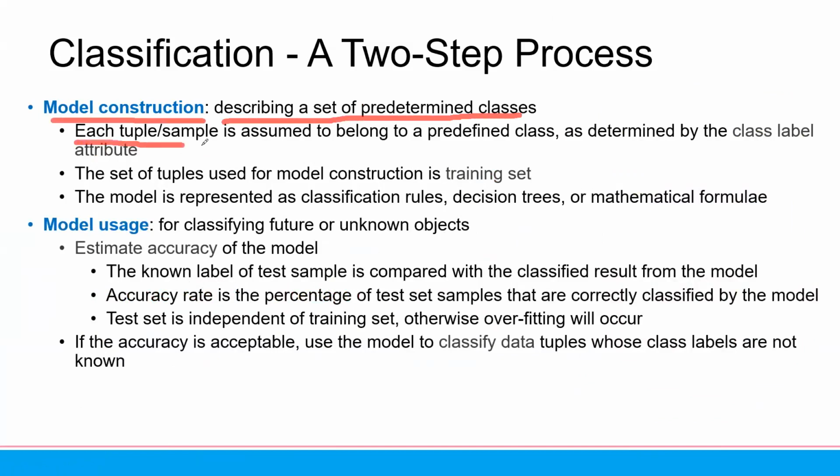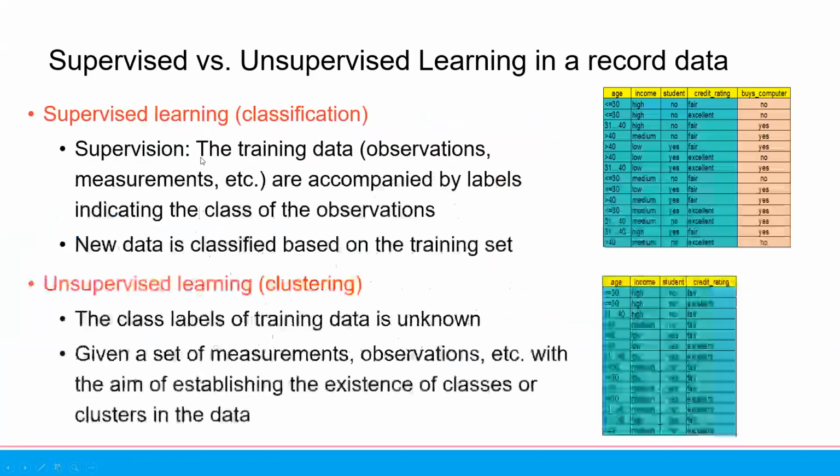Every tuple or every sample is assumed to belong to a predefined class, as determined by the class label attribute. Every sample means every tuple or every row. Every row will have its label.